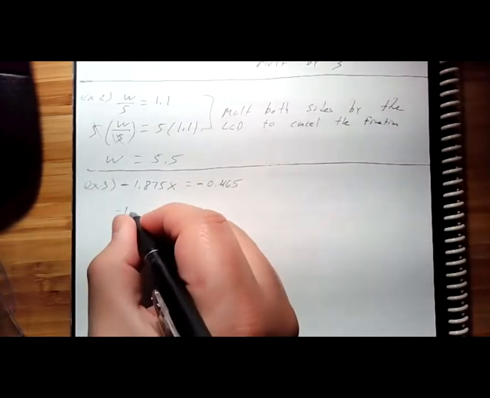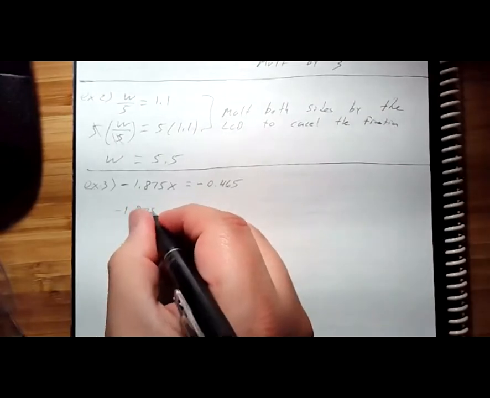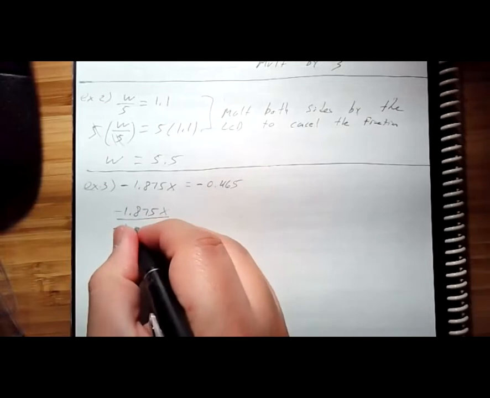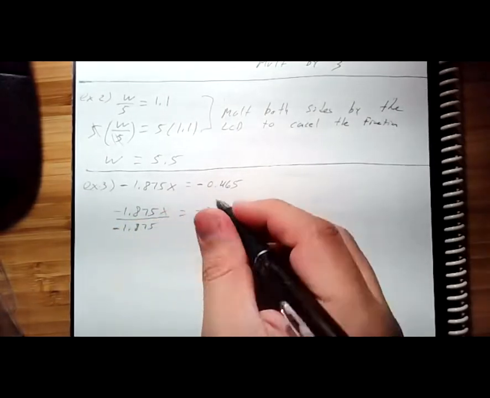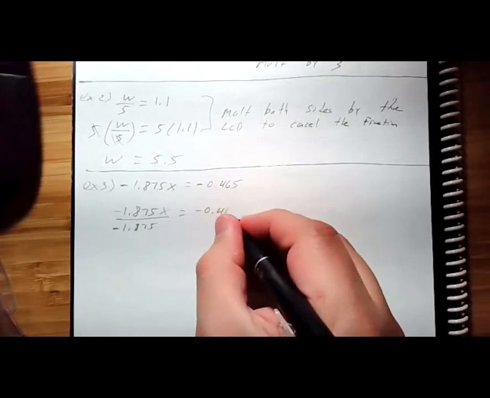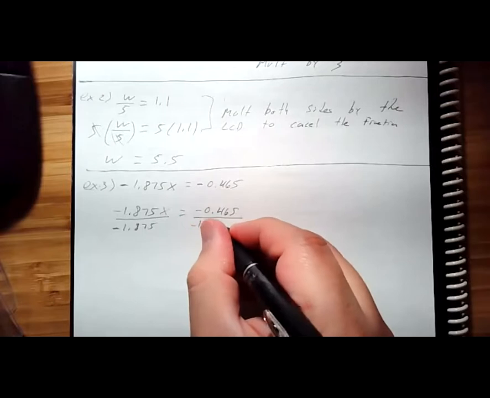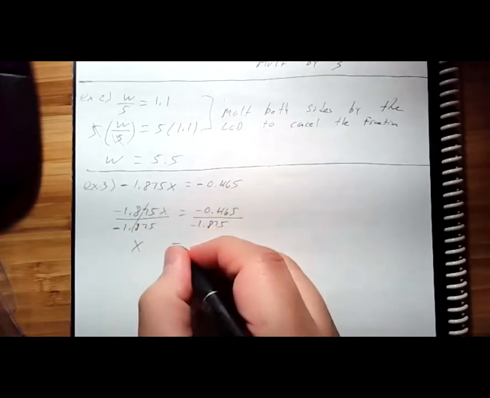Now here we have decimals, which sucks, but we have a calculator, so it's fine. So what you're going to do is multiply, or well, either divide or multiply. You have that choice. I'm going to choose division. Divide by the same number on the x to cancel the number. Over here, we will use our calculator to find out what this is. So this is gone, giving us x equal to something.